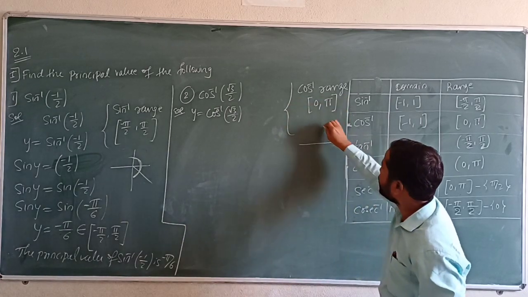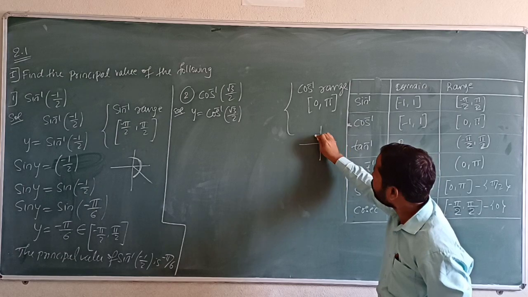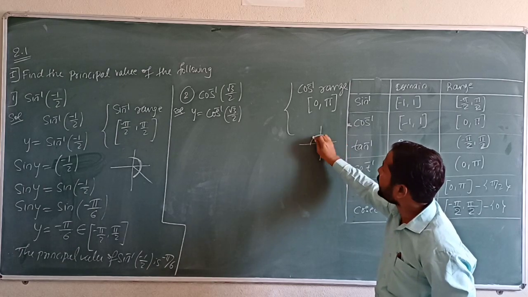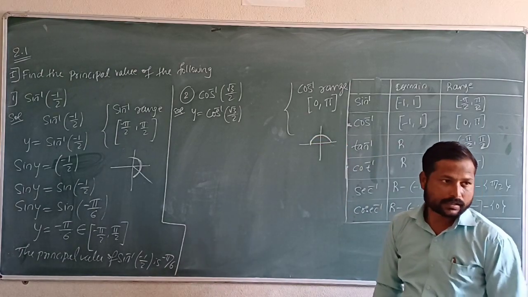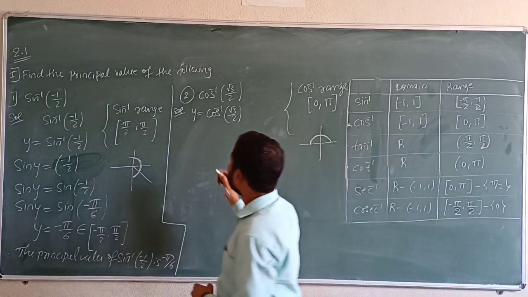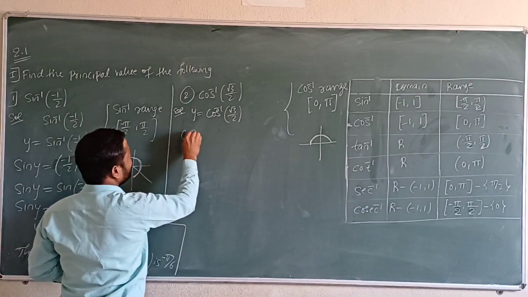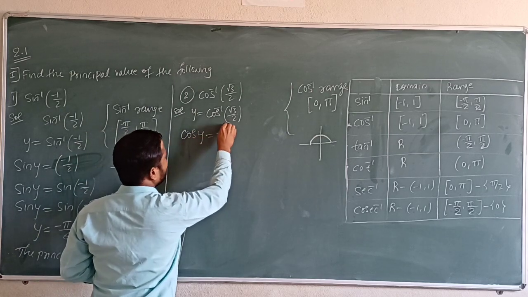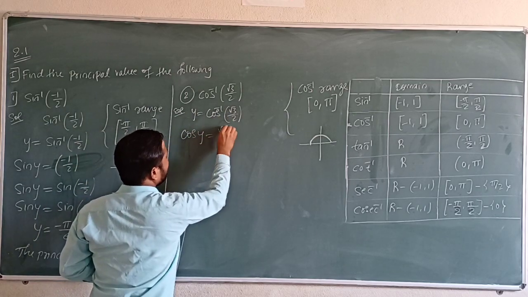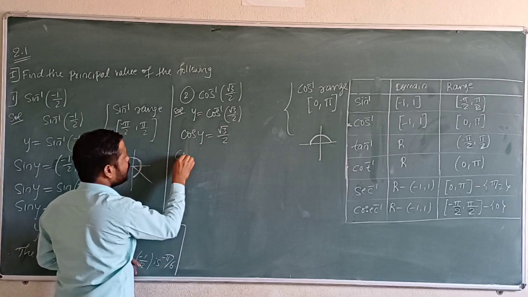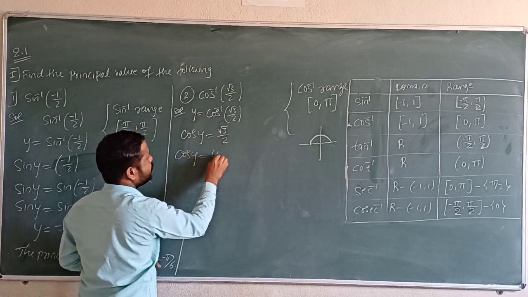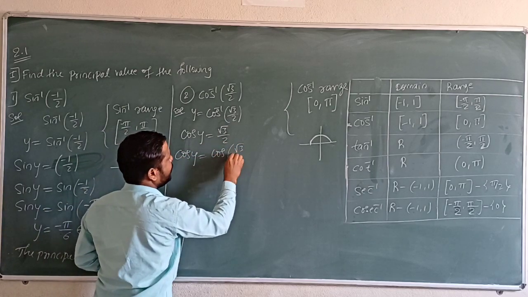That means your answer must lie in the first and second quadrant. Let us solve. Now transfer cos inverse, it becomes cos y here. Cos y is equals to root 3 divided by 2, searching for root 3 in the cos table.